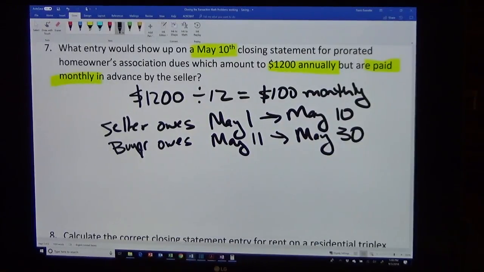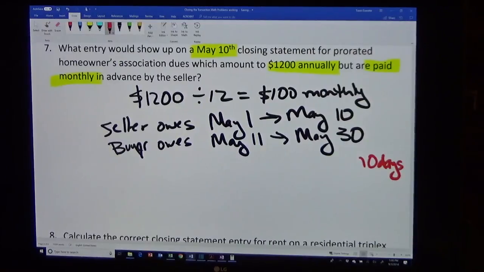The seller owes from May 1st through May 10th. The buyer owes from May 11th through May 30th. And we can do the exact same thing here. So the seller owes for 10 days. May 1st through the 10th is 10 days for the seller.